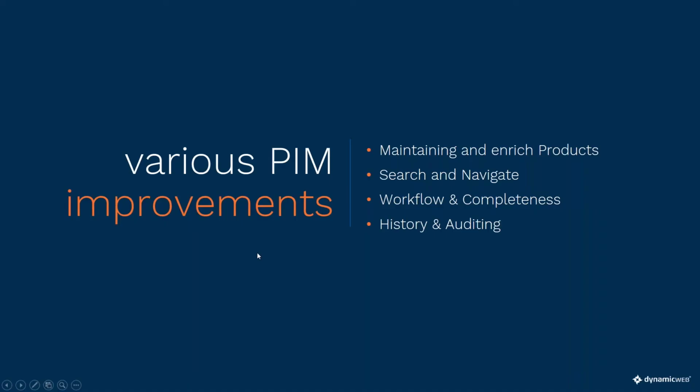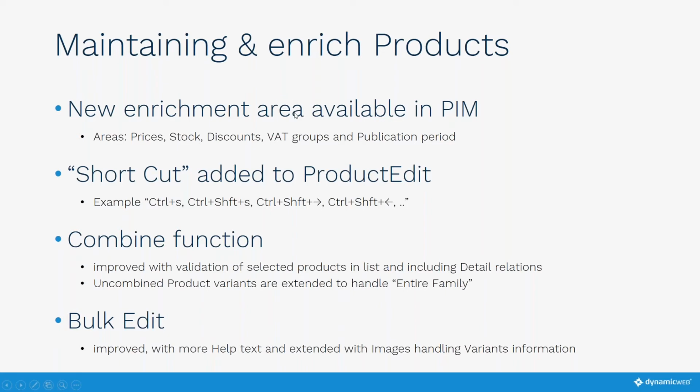So we run out of time, but just a quick look at some of the other improvements that have been made in 9.7. For maintaining Enrich, there are a couple of things. You can now maintain prices, stocks, discounts, and whatever directly from PIM. We have added shortcuts. That means you can, with shortcuts, Control S, arrow right, arrow left, switch in between products.